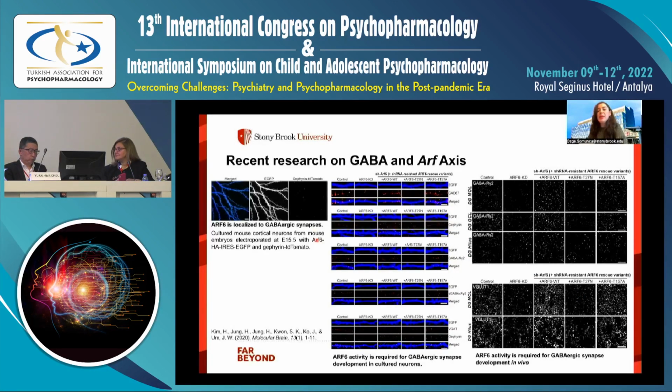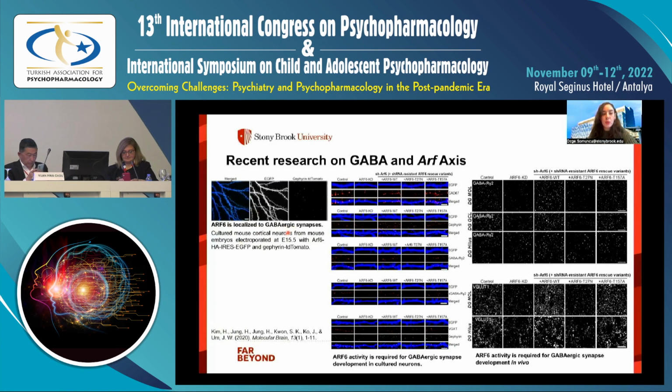There have been two important studies indicating the GABA and ARF interaction. One was published in 2020 in Molecular Brain by Kim H. and Jung H. This group found that ARF6 is localized exactly at GABAergic synapses.